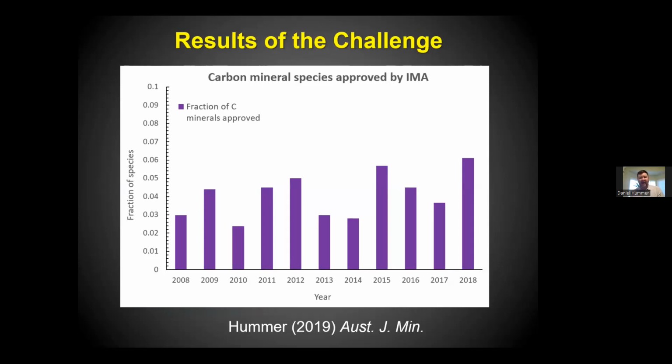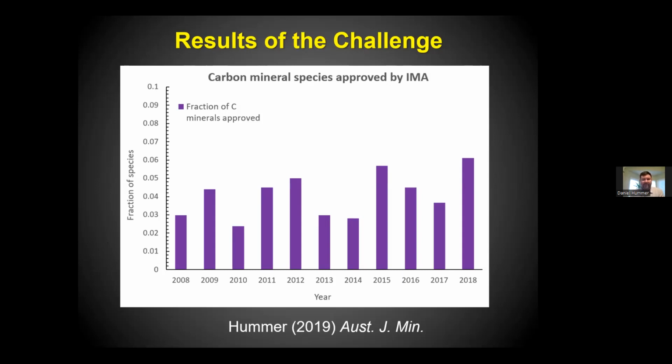And what did we get? Well, here is a graph. I'm just kind of showing you the overall results. Here is a graph running from 2008 up through 2018, charting the fraction of new minerals that were approved by the International Mineralogical Association that do contain carbon.